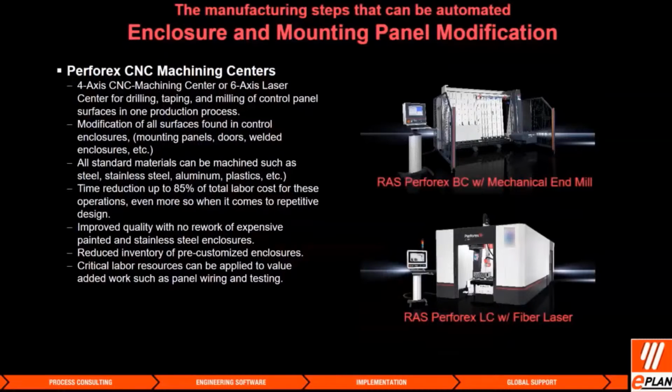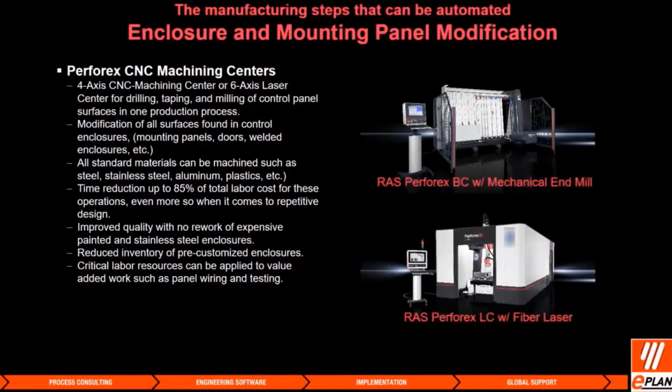So both of these machines can drill, tap, and cut out larger openings in the material, and we can work on any surface of an enclosure, say a 3D welded block box. Both machines are fully capable of that.